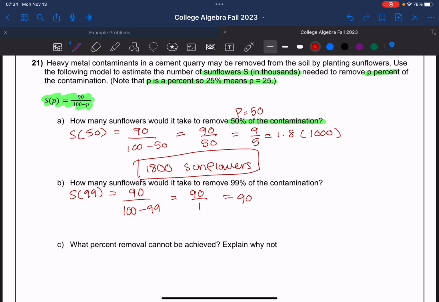And I'm going to multiply that by 1,000. So I get how many sunflowers? 90,000 sunflowers. So to get rid of 99% of the contamination, they would have to plant 90,000 sunflowers.